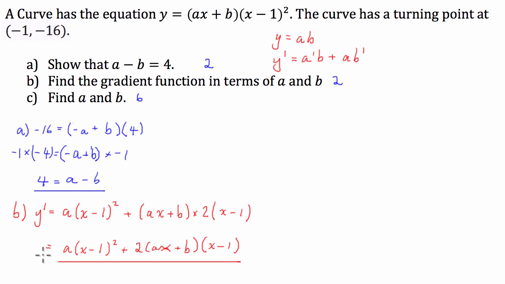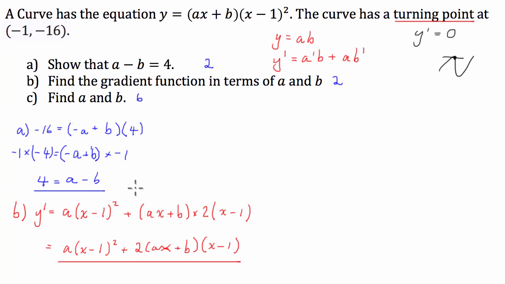All right, well, what we have to do is appreciate that the curve has a turning point at this coordinate point. So if it's got a turning point at this coordinate point, what we know is at this point, the derivative is going to be equal to 0, because a function, when it's on a turning point, is flat.